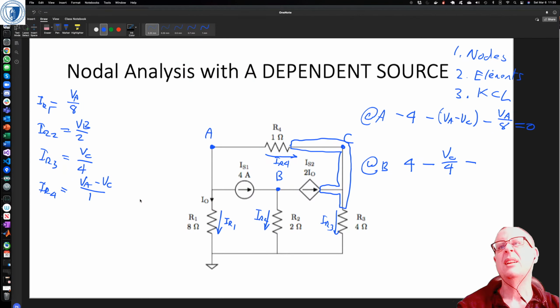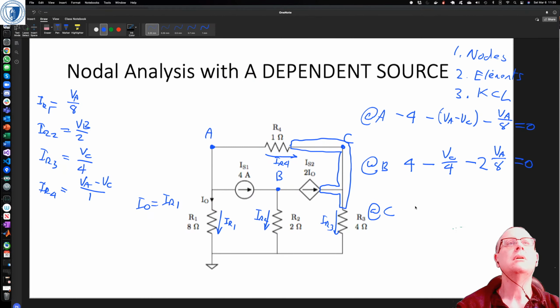I out is equal to IR1, so we can say minus 2 times VA on 8. And then that all equals 0. And then at C, what do we got? We've got IR4.